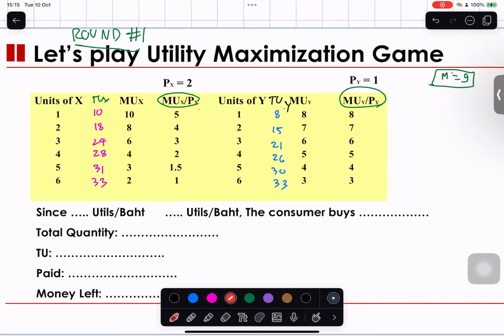Then you ask this guy to look at these 2 numbers. Hey, when you spend 2 baht on good X, even though you get higher, which is 10, MU per baht is only 5. But when you spend your money on the first unit of good Y, MU is 8, but you pay only 1 baht. MU per baht is 8. 8 is higher than 5.